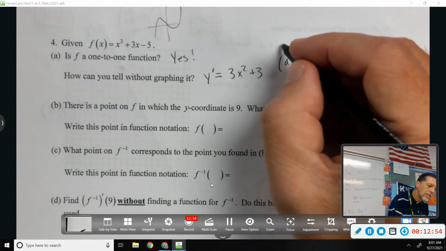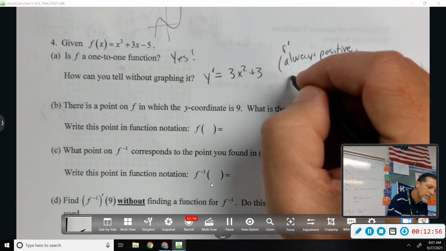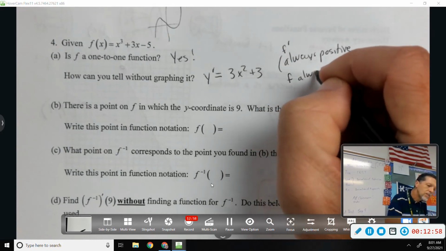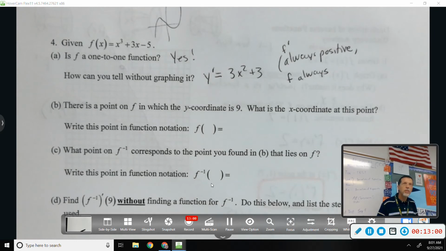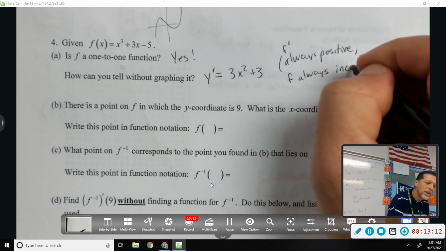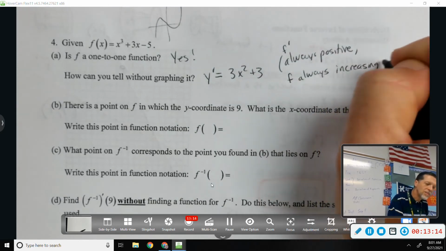And if f prime is always positive, then f is always, think about what this means. If the slope is always positive, what does that mean the graph is always doing? Up. We'll use a more fancy word than up, but yes, up is what it means. f is always increasing.